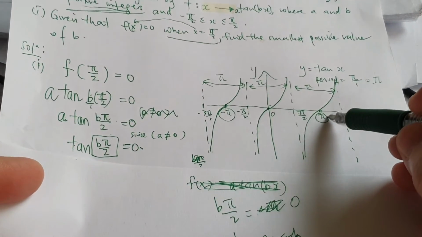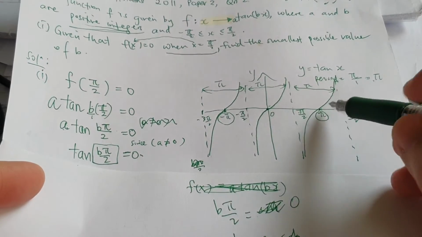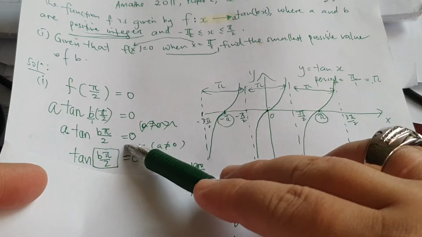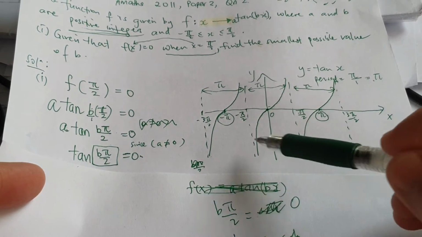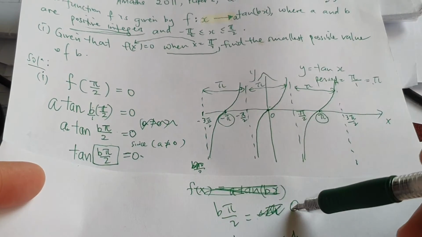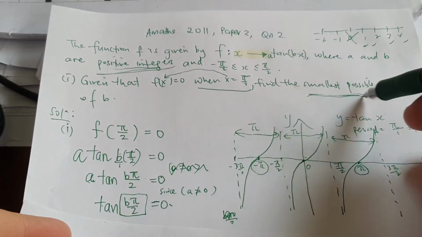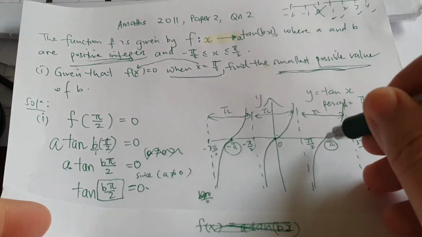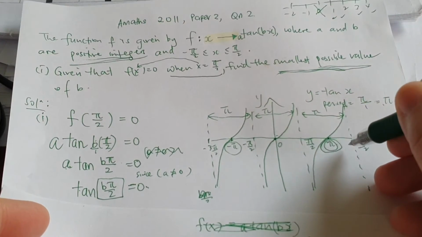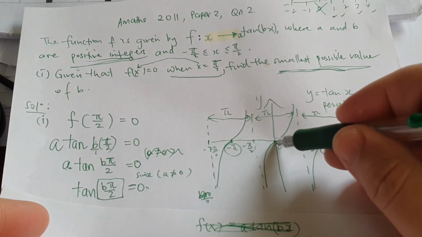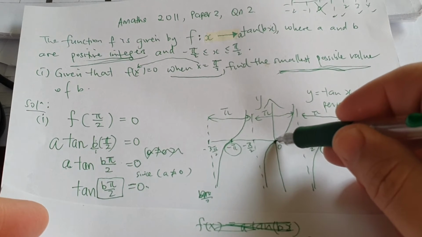Then now how about this one here? All the negative angles cannot be used because they will give us a negative answer for b, and 0 cannot be used, so the smallest possible value of b has to be this, the next one after the one we rejected just now.